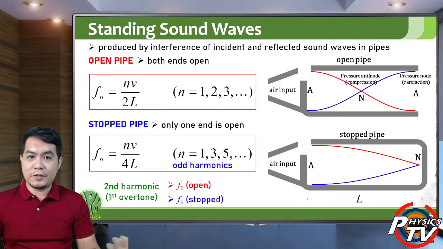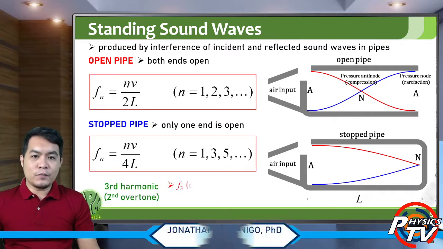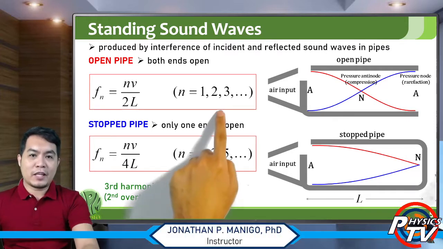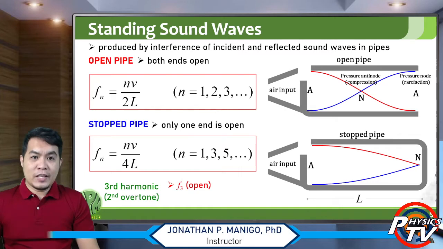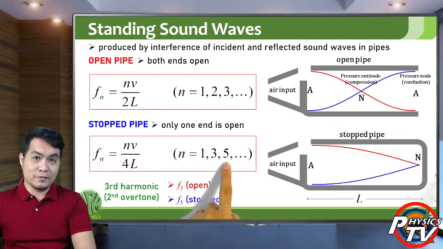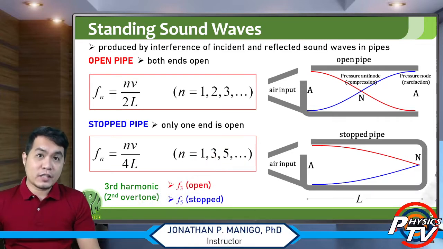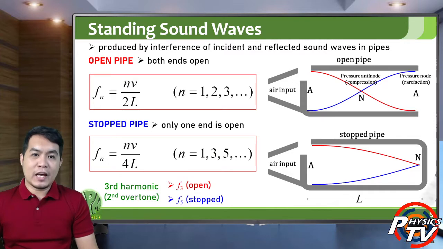That is the difference. The third harmonic, or the second overtone, for an open pipe is f3, but for a stopped pipe, the third harmonic, or second overtone, is f5. So please take note of that: only odd harmonics for the stopped pipe, a pipe open at only one end.